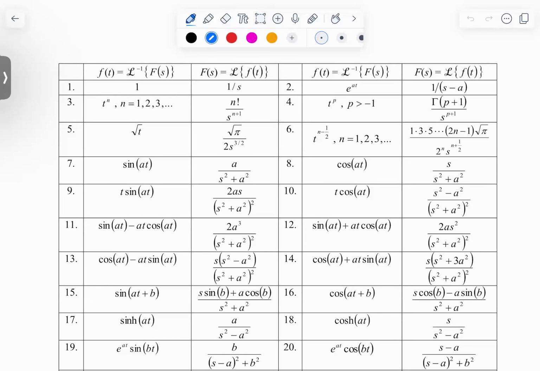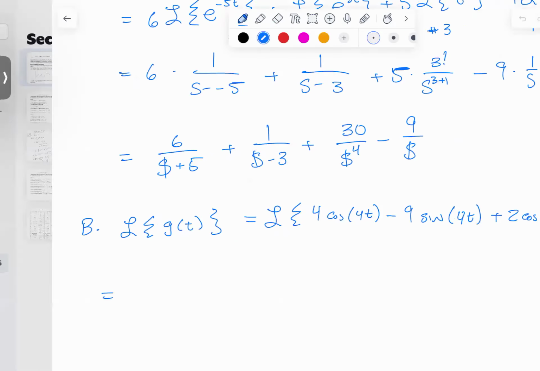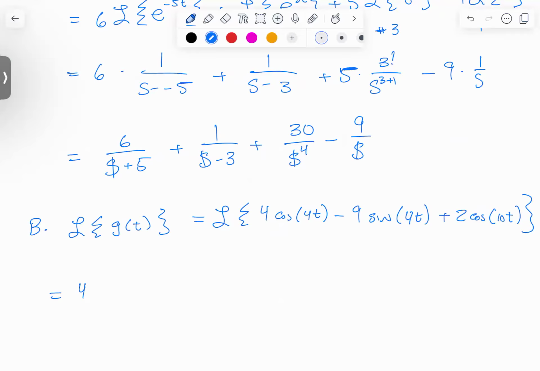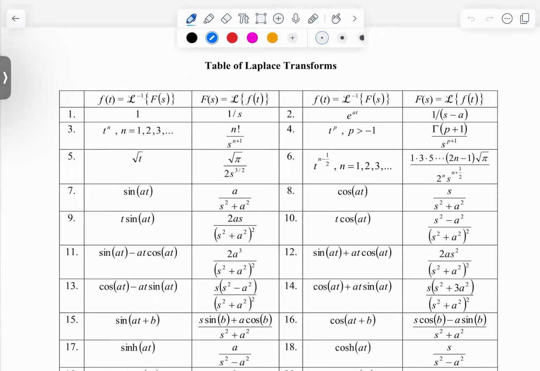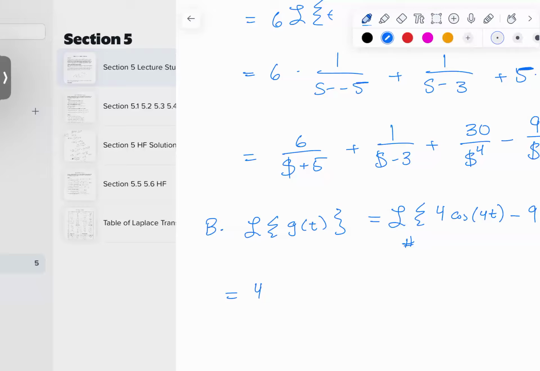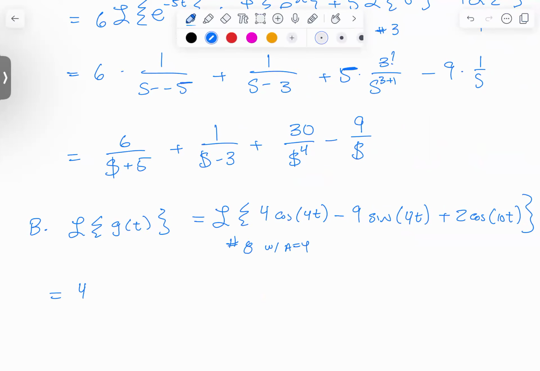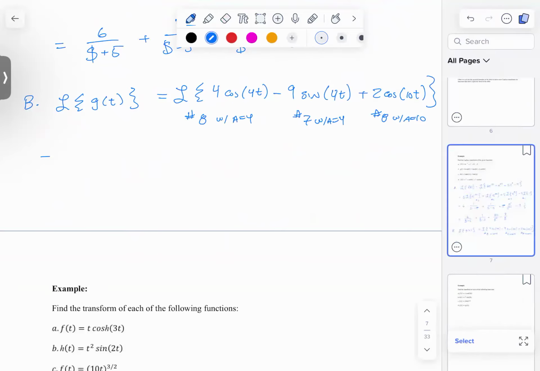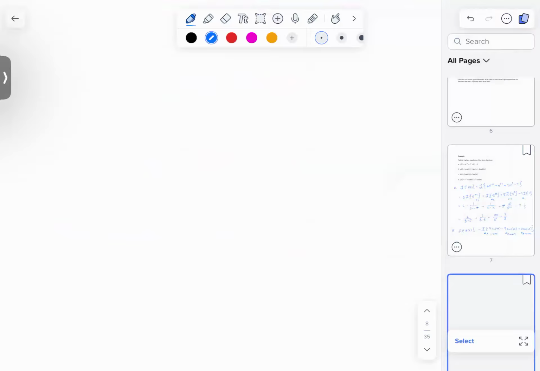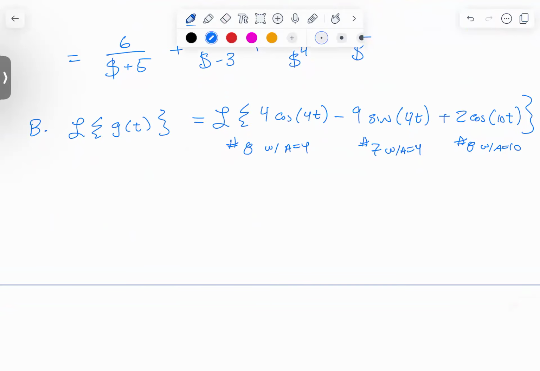So identifying the a, which is the value inside. Sine is number 7. Times the a.